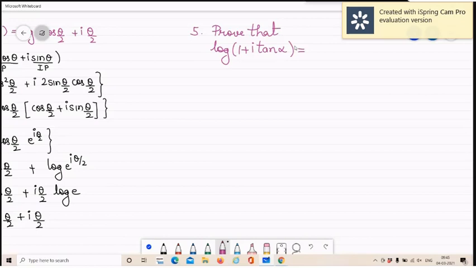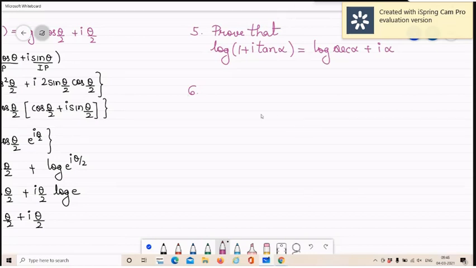Here you have to apply the property. The formula for log of 1 plus i tan alpha is giving you log of sec alpha plus i alpha. This is the first sum that you need to do.